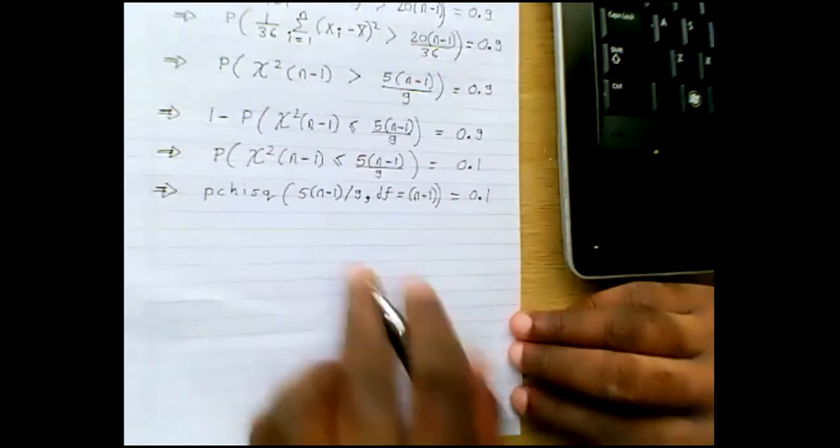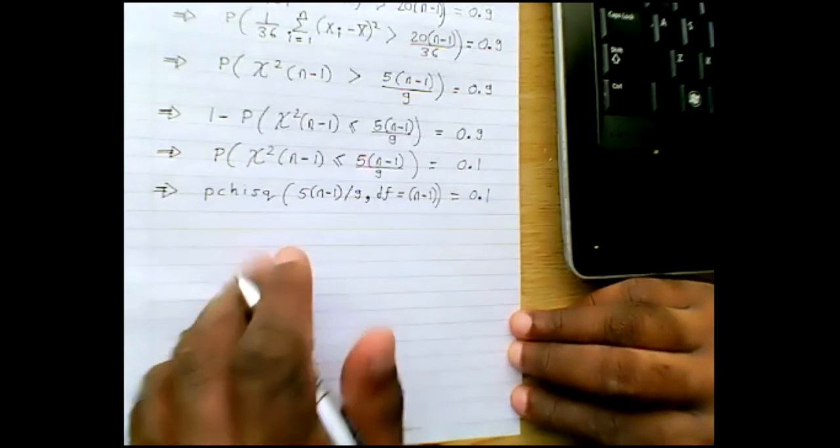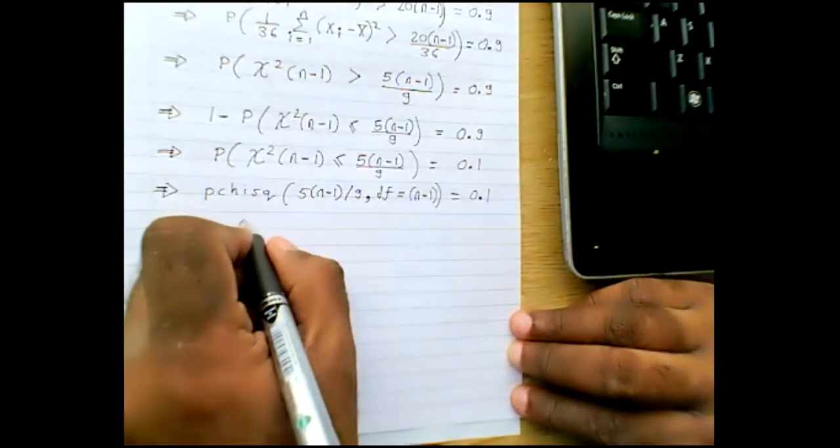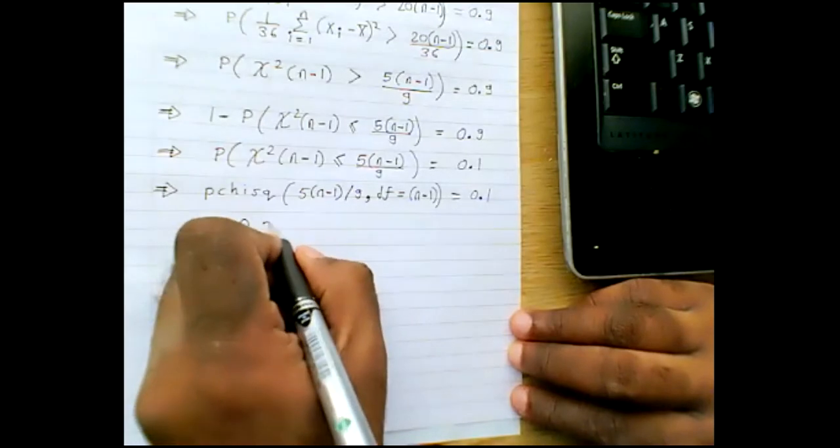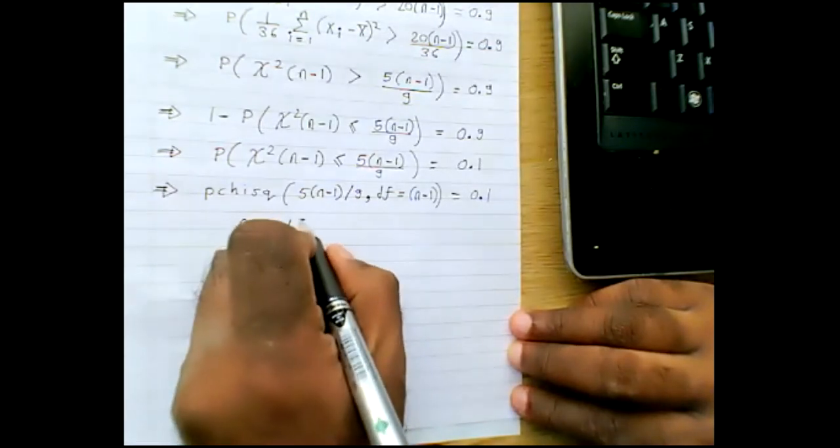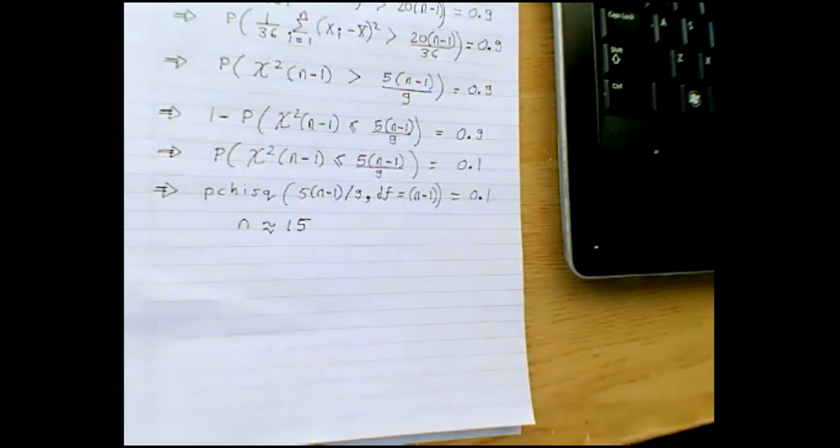Now, if you solve this using R, you will get n, the sample size, to be approximately equal to 15.